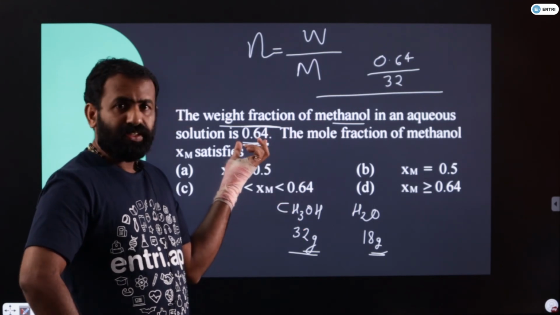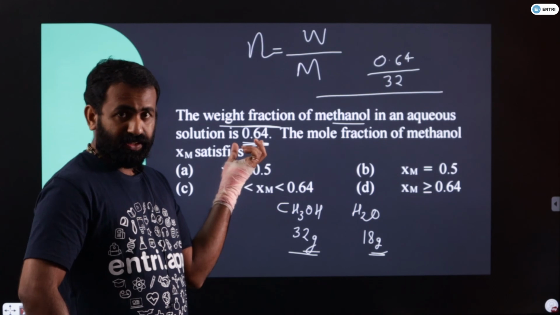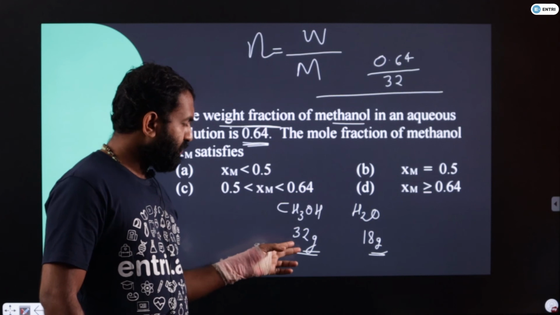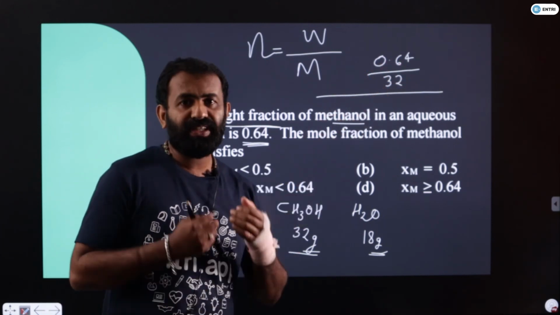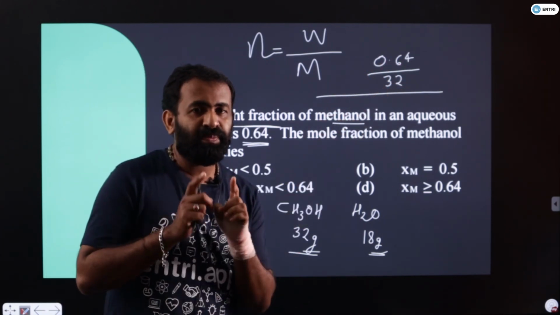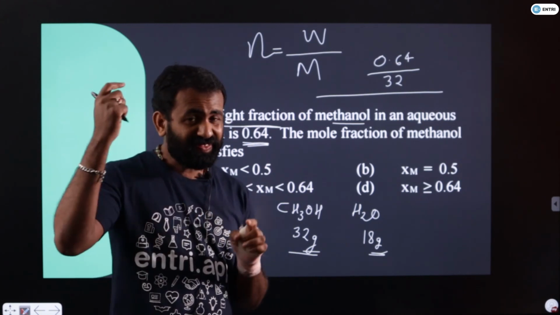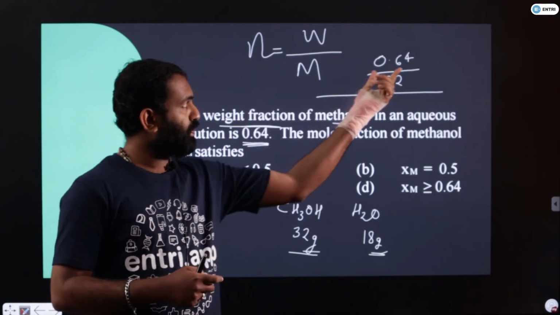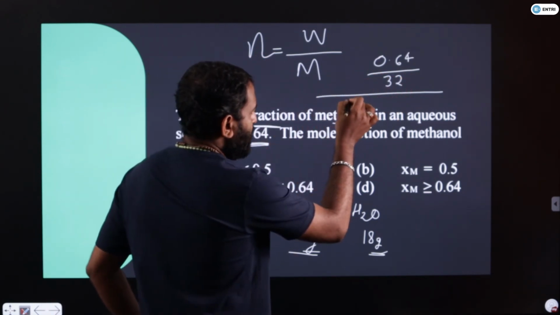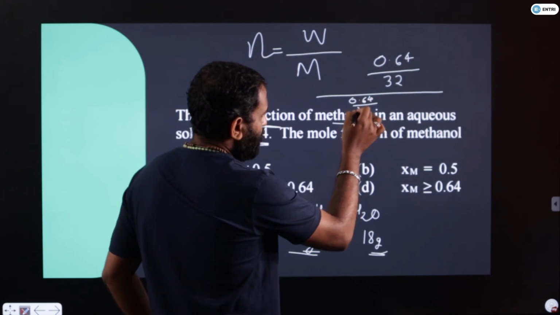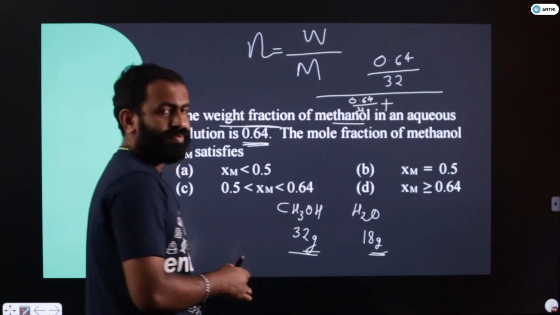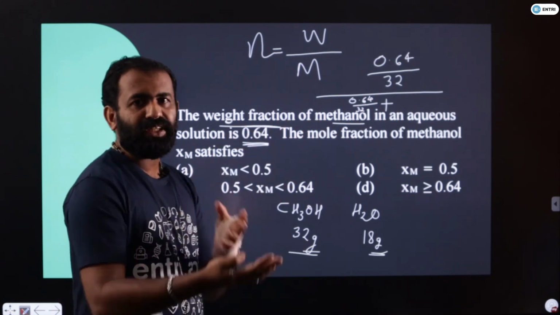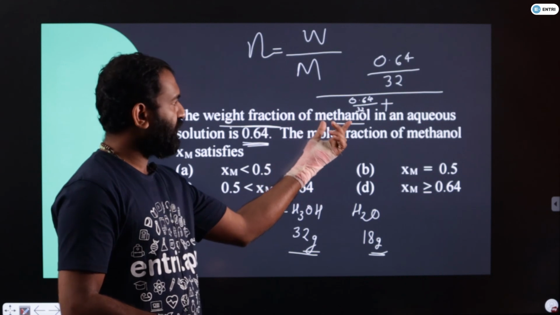So, convert weight fraction into mole fraction. First, 0.64 is taken instead of weight, divided by molecular mass. CH3OH molecular mass is 32, so 0.64 by 32. That is number of moles of methanol, given mass by molecular mass. 64% is methanol, then the remaining is 36%. 0.64 is weight fraction of methanol.